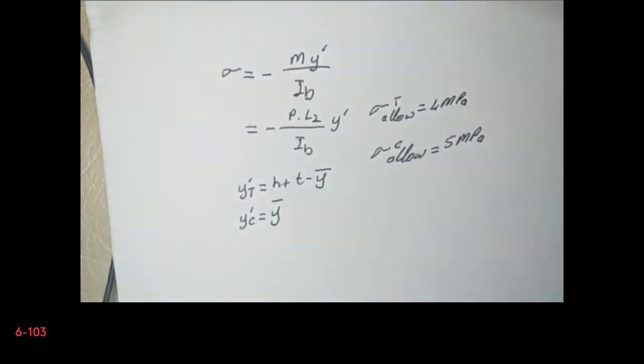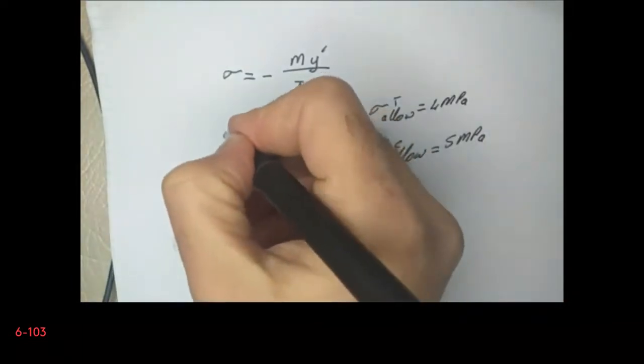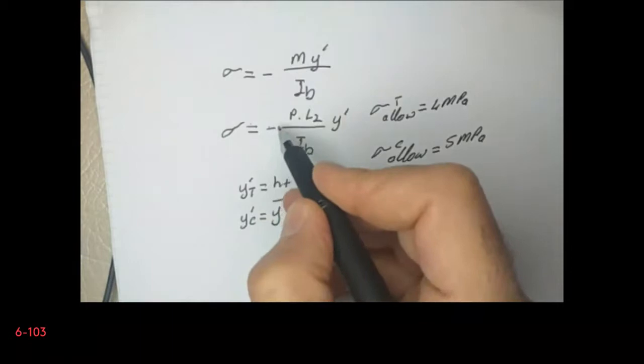So these are the parameters that we have. Now I will substitute these two values into this expression, and I will omit the negative sign because I will use the absolute values.